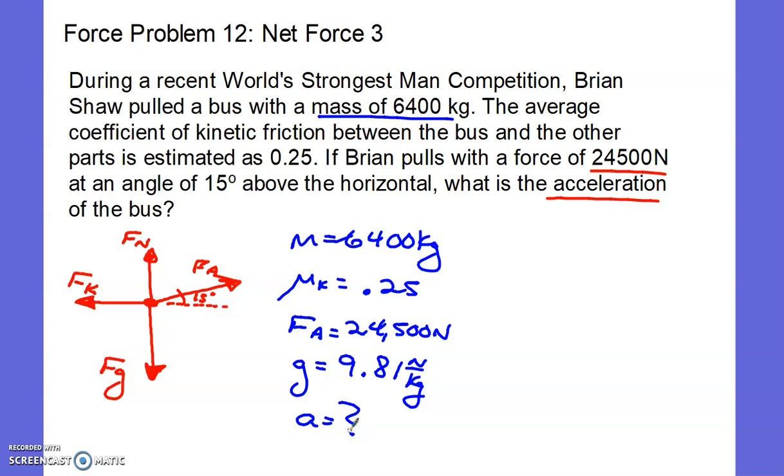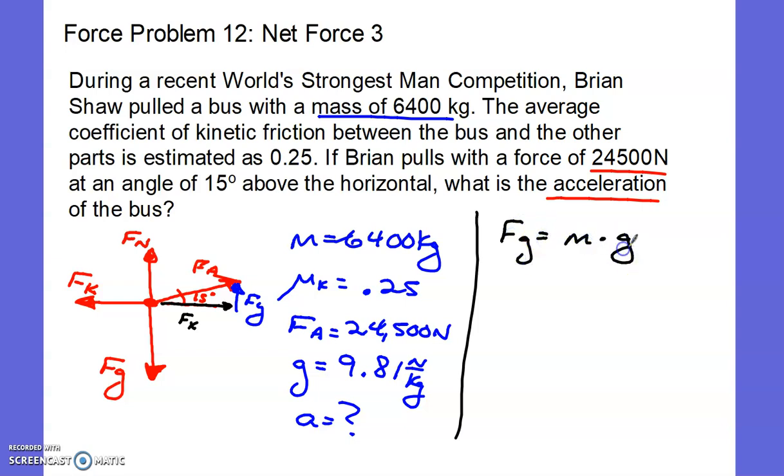Now we're going to take this applied force, just as we've done before, and break it into its x and y components. Since we're given the mass, we are also going to solve for the gravitational force. Let's do that first. Whenever you're given the mass, solve for the gravitational force, m times g.